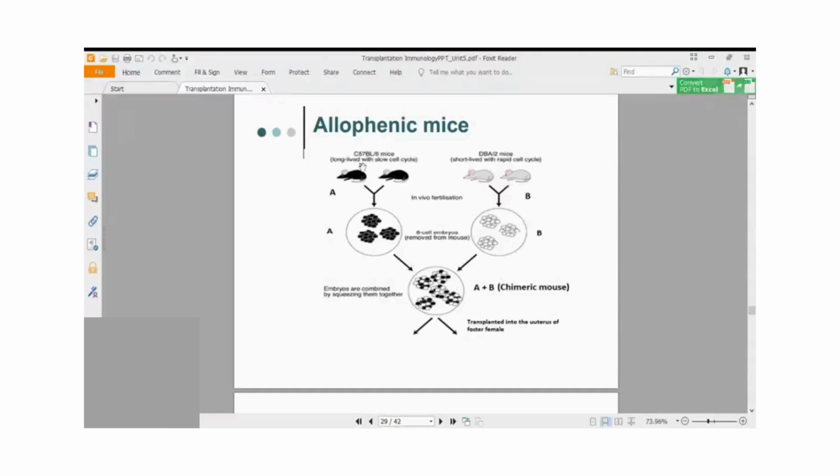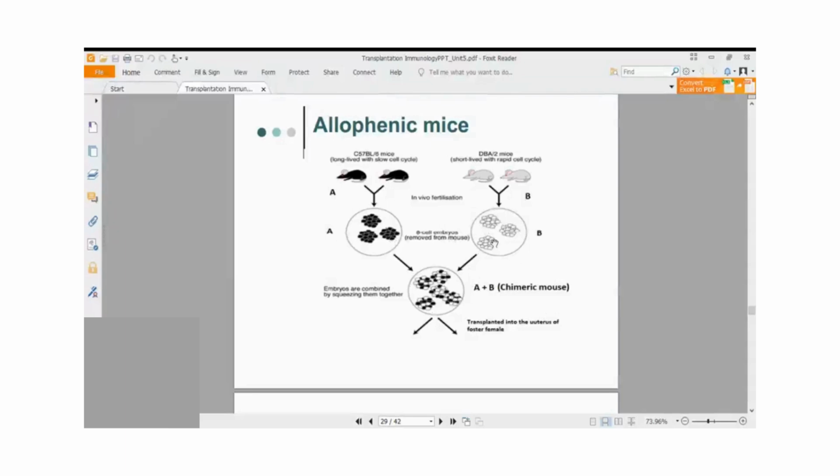What they did, they mated the C57BL mice separately and obtained the blastocyst, and mated the DBA mice separately and obtained the blastocyst. Now these two blastocysts, they put together in the tissue culture plate and treated with pronase enzyme for the separation of these blastocysts.